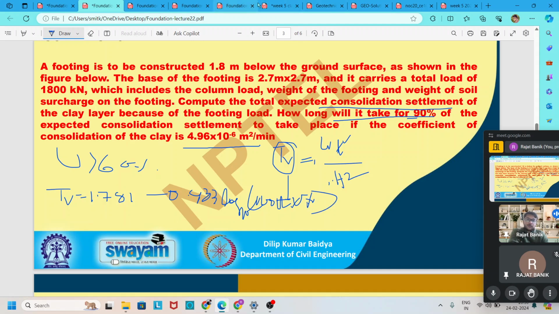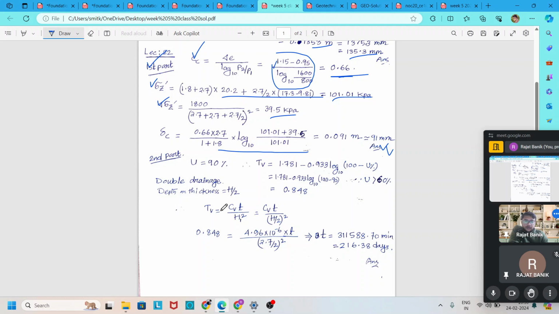If you see my solution here, the time factor comes out 0.848.